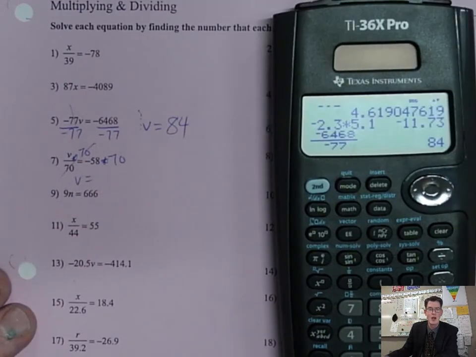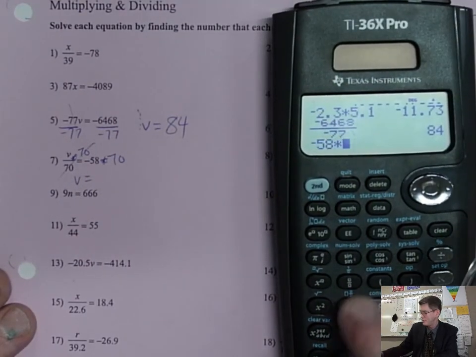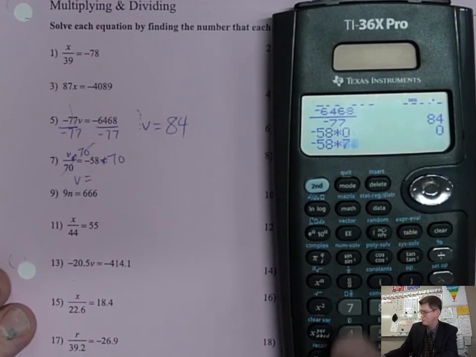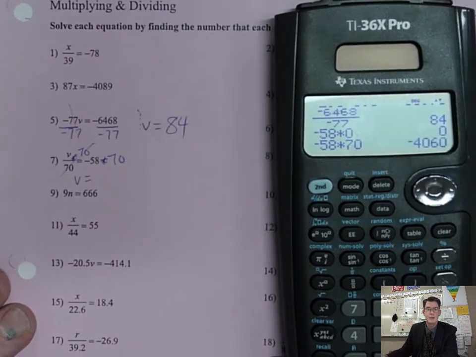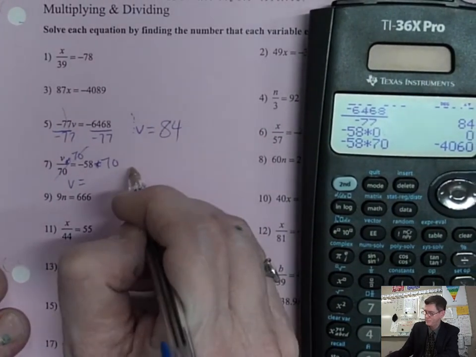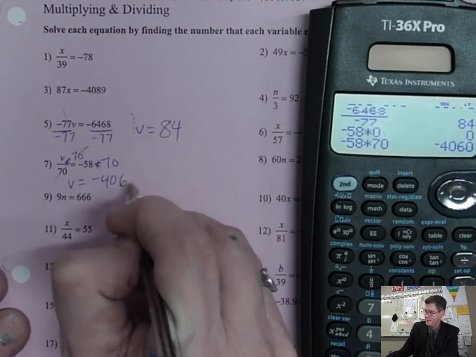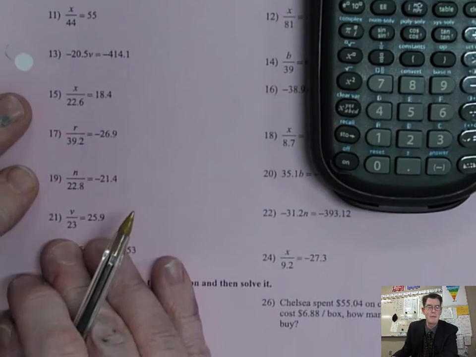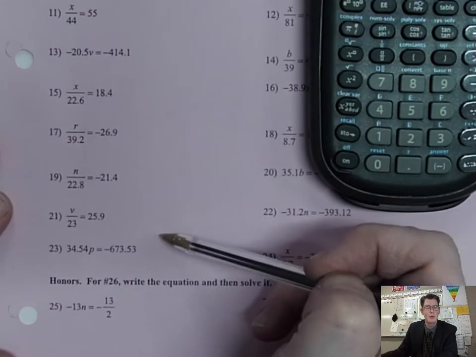And I have no idea what that is, but the calculator does. Negative 4060. V is negative 4060.